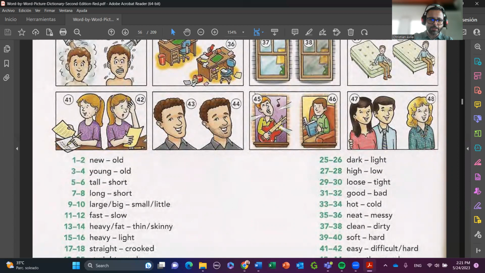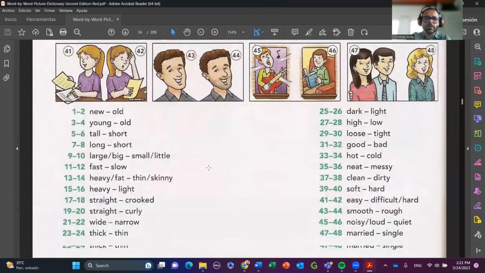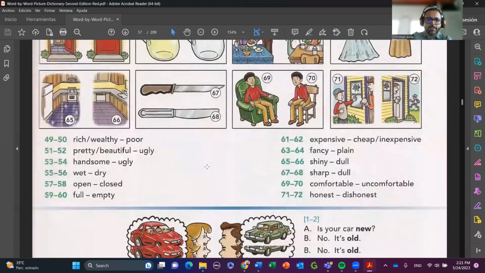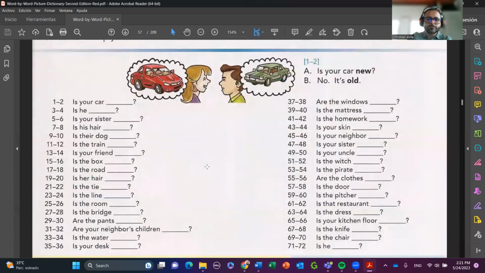Easy, so it's showing a lady over here in number 41 that is doing a test or completing an activity very easily. And in 42, you can see that the same girl is struggling. She's not doing it so easily, so it's difficult or it's hard. Okay, so this gives you a lot of tools, a lot of information. Here, the same.